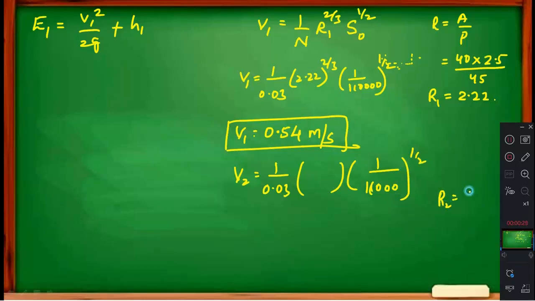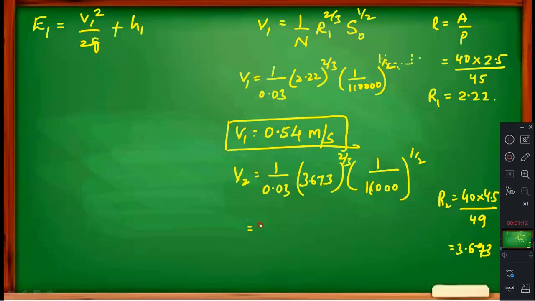R2 is equal to the area, 40 into 4.5 this time, understand it, divided by the perimeter: 4.5 plus 4.5 is 9, plus 40 is 49. Therefore 40 into 4.5 divided by 49 is 3.673, raised to 2 by 3.